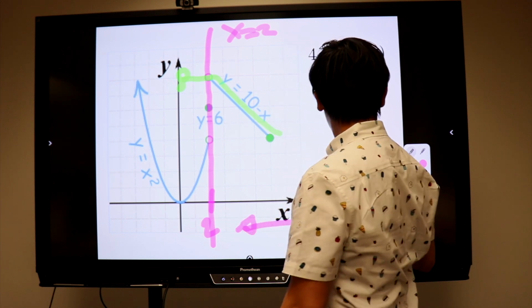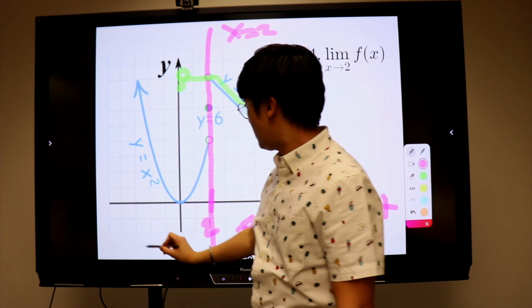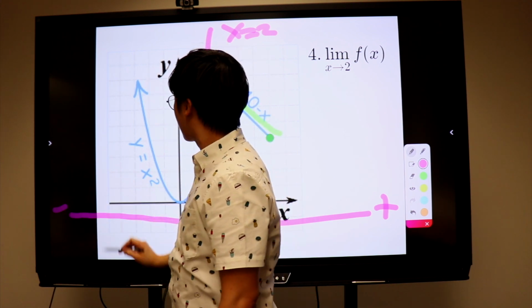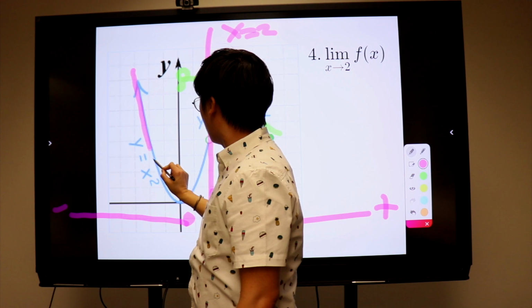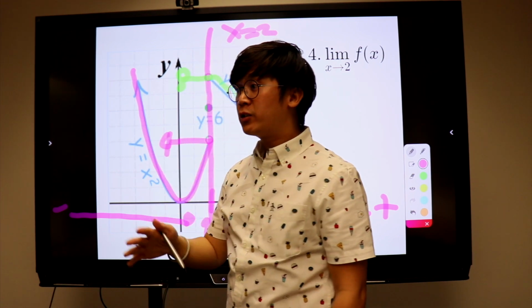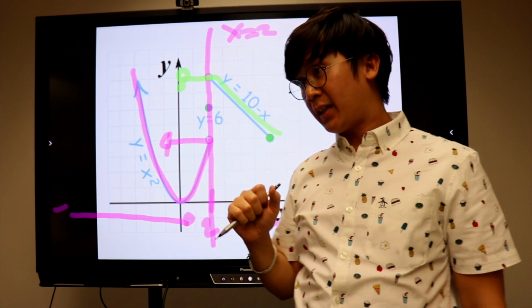Now let's inspect it in the other direction, coming from the left, which is the negative side, right? Where do you think it is going to? 4. So there is a little problem right here.